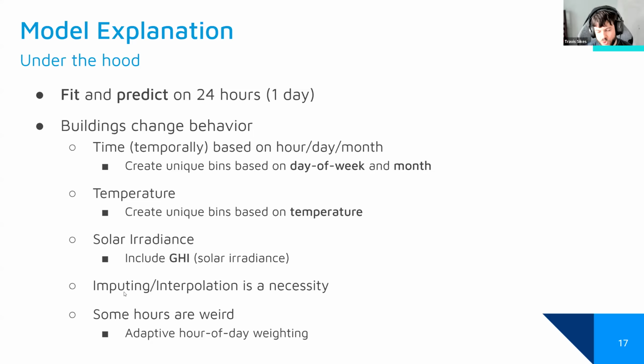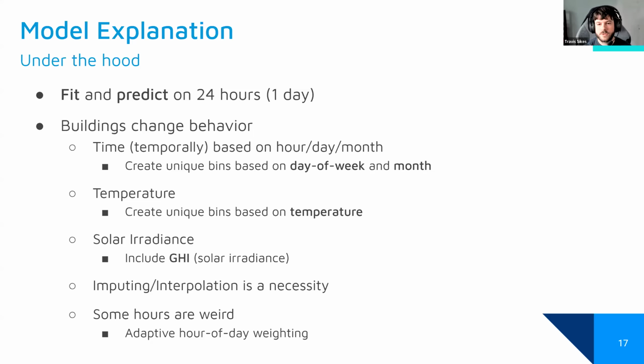Then, due to the structure and how the model is formulated, it is an absolute necessity that we impute or interpolate any missing data. Because of the structure of being 24 hours, if one of those hours is missing, it could cause very detrimental effects to the model.